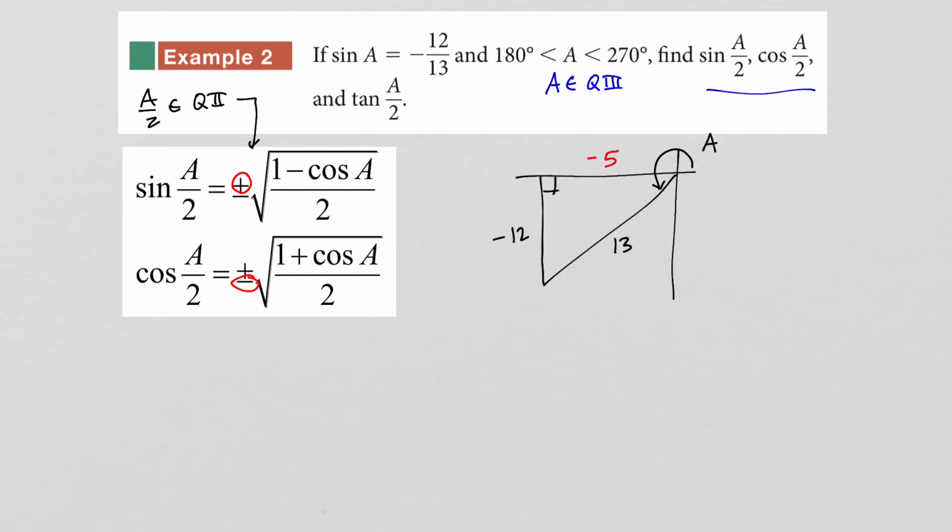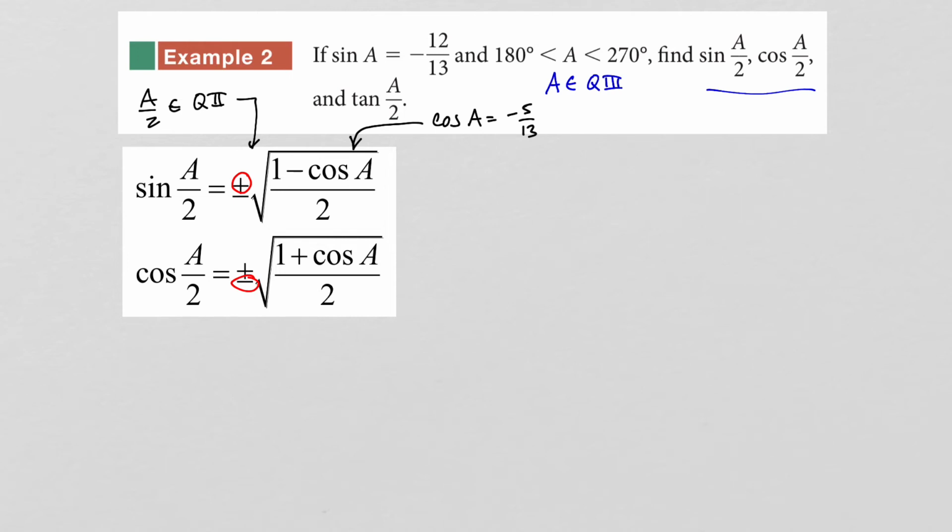But once we have that, we now know the cosine of A is the adjacent side divided by the hypotenuse, which is negative 5 over 13. And so let's write that down up above here. Cosine of A is negative 5 over 13. And this is the value that we're going to be plugging into our formulas here.